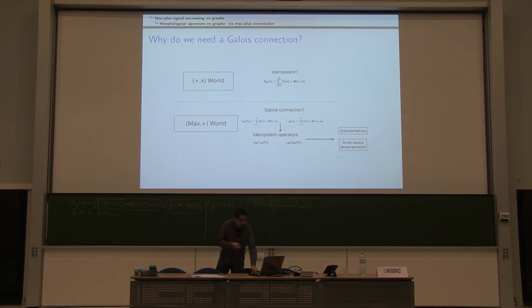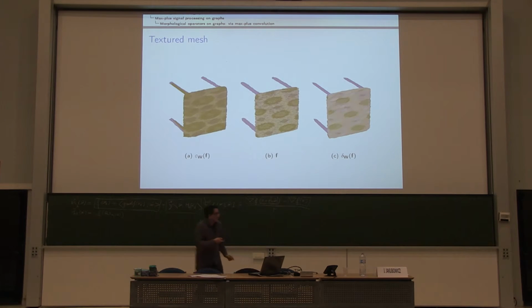nonlinear filtering. One example of the result is this. That is the original signal on the graph. This is erosion. This is dilation. So basically, max plus, mean plus with the conjugate. We call this operator dilation because basically objects are dilated, according to the order that we have in the signal.